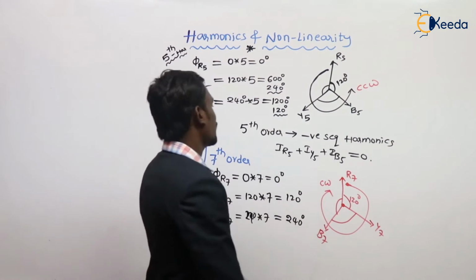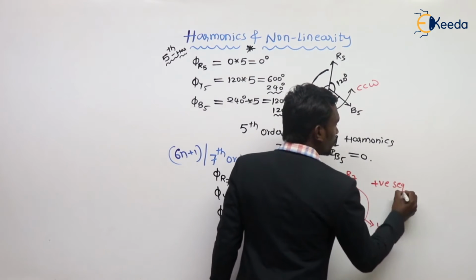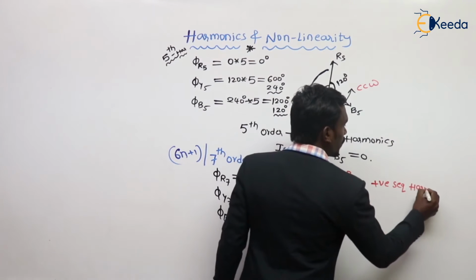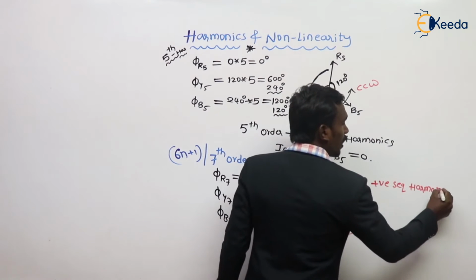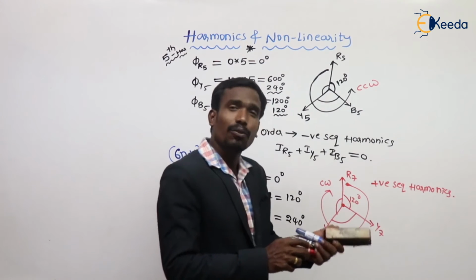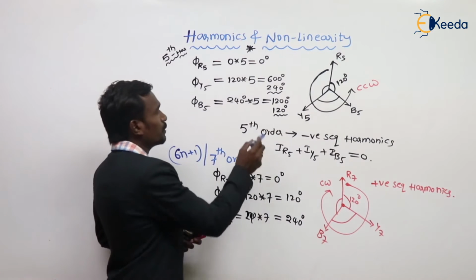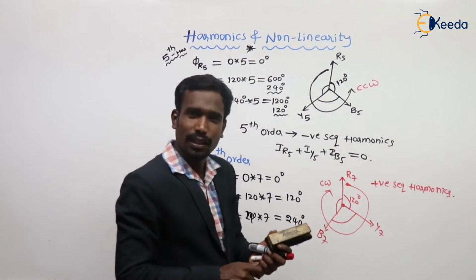That's why the seventh group harmonics are also called positive sequence harmonics. This is positive sequence harmonics and this is negative sequence harmonics.